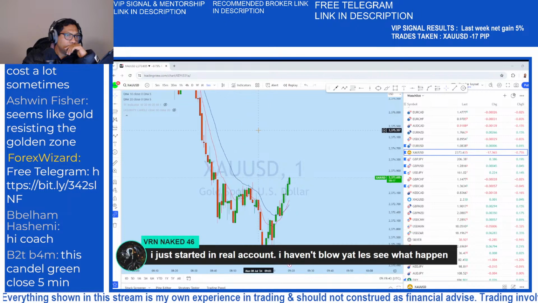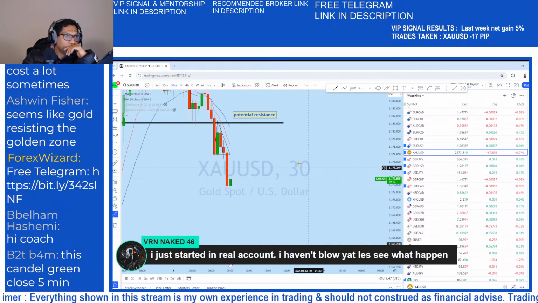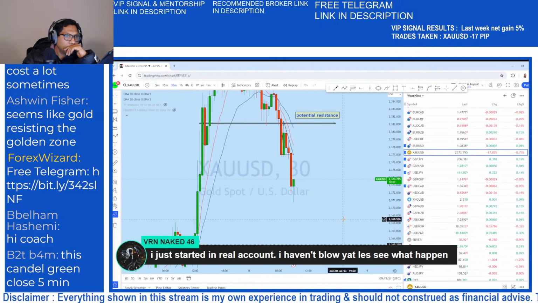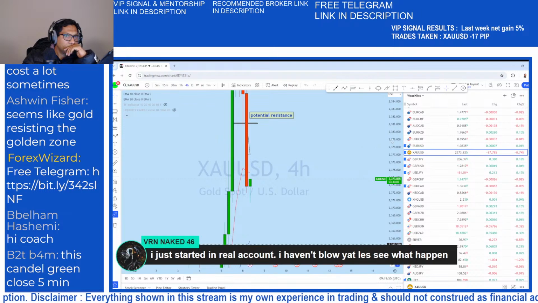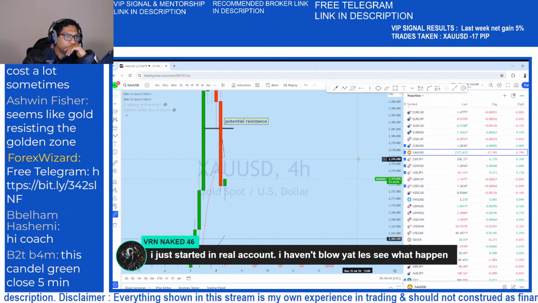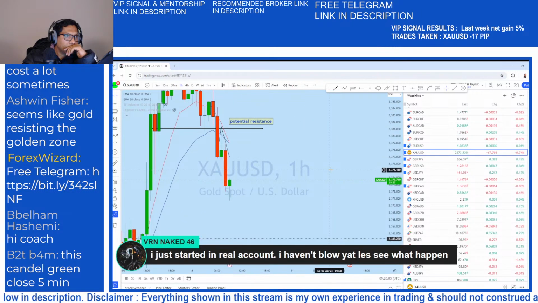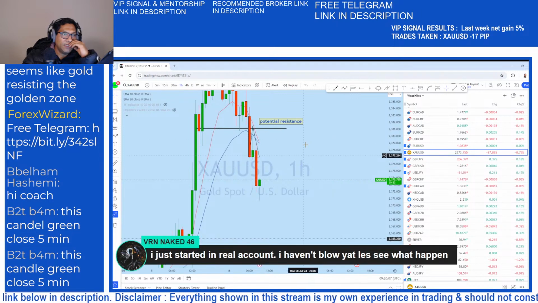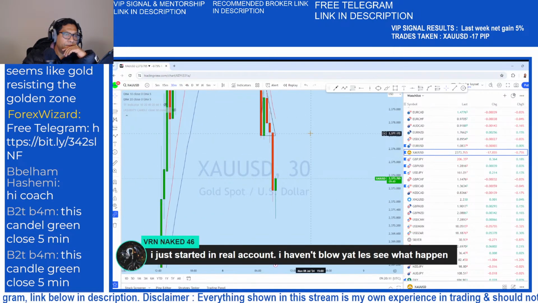Now, there is a gap here and we might see the market is going to that gap, to fill that gap.